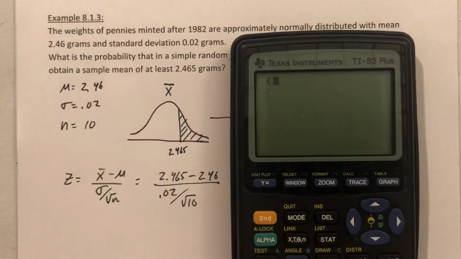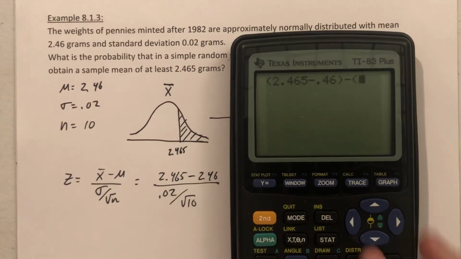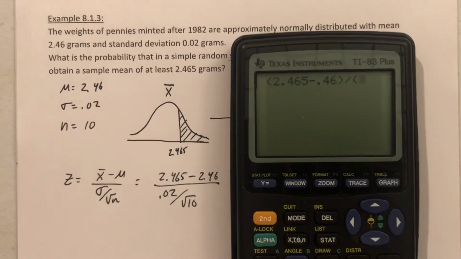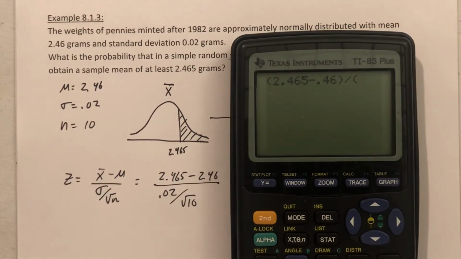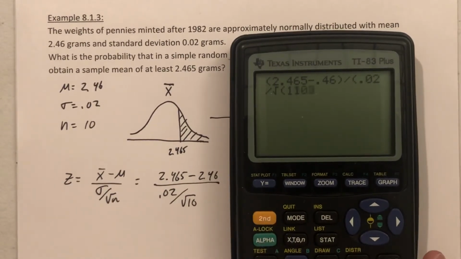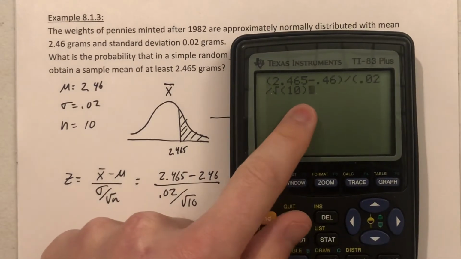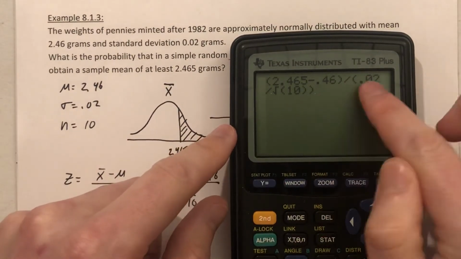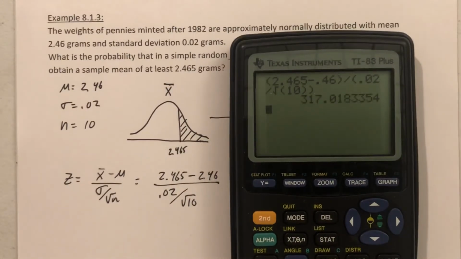So I'm going to use parentheses to do 2.465 minus 2.46. Close those parentheses, then divide by, and just to be safe, just for organization, I'm going to use parentheses again. 0.02 divided by the square root of 10. Close the parentheses on the square root, close parentheses on the denominator of my fraction.